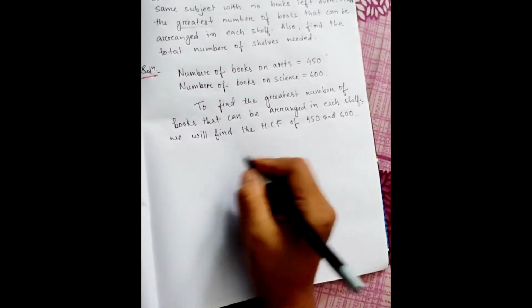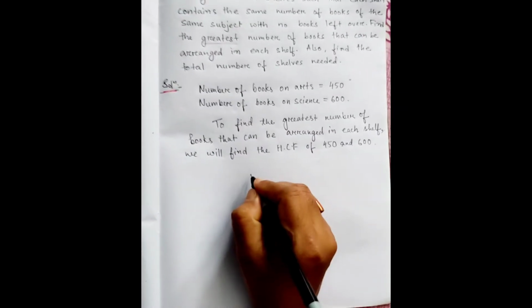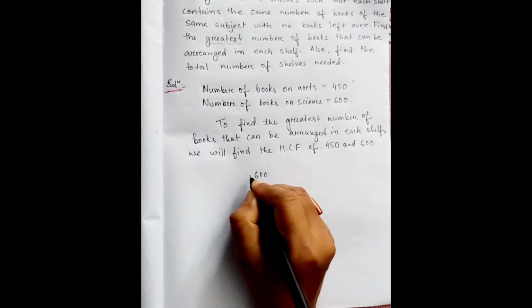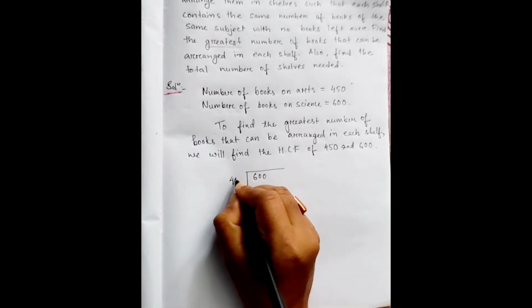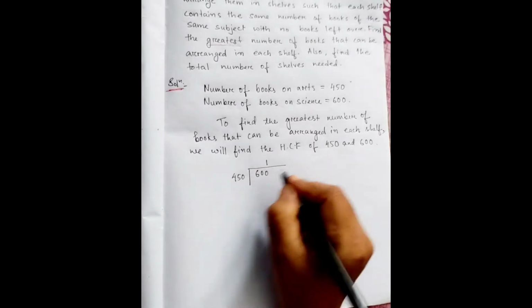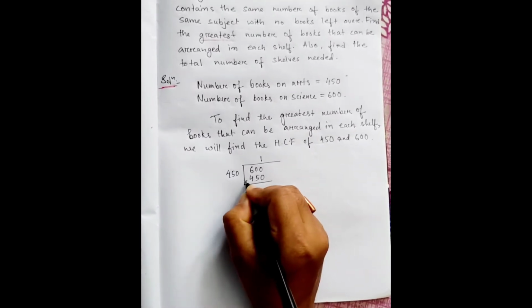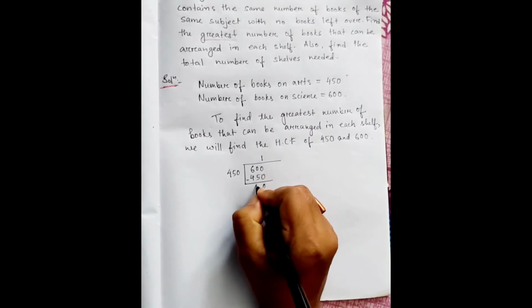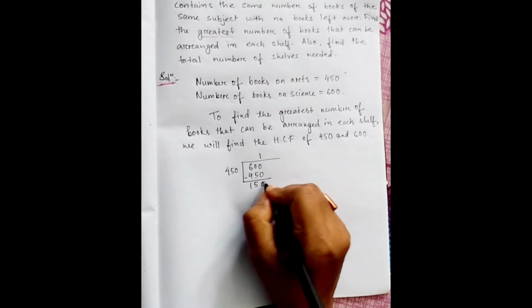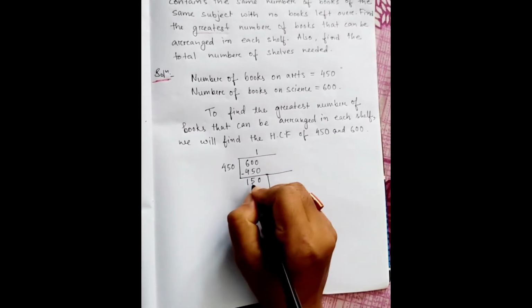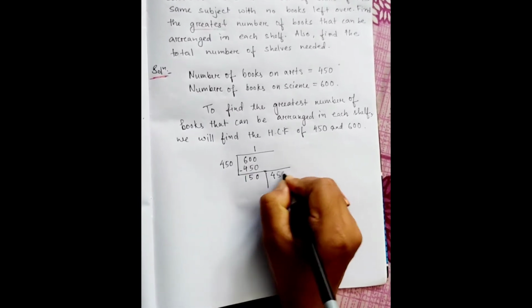So how will you find it? You can find it using the division method. First you will take 600, then we will divide 600 by 450. So it will be obviously 1 time only. 450 times 1 is 450. Now you subtract, it will be 150. Now we will divide this 450 by 150.